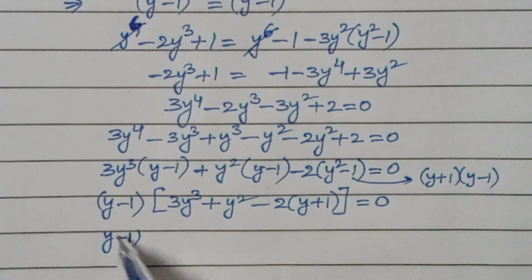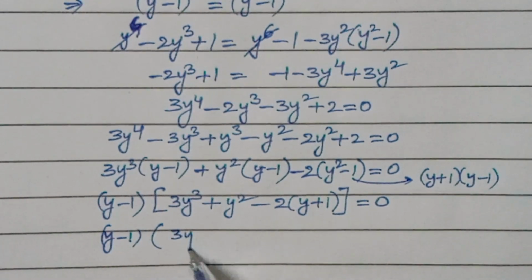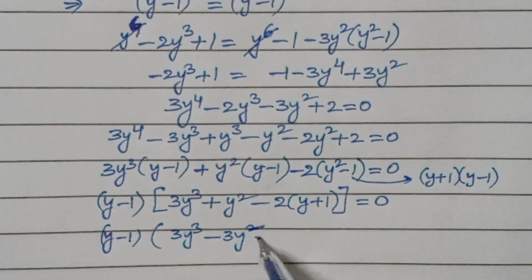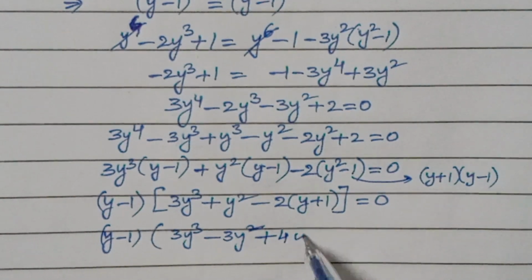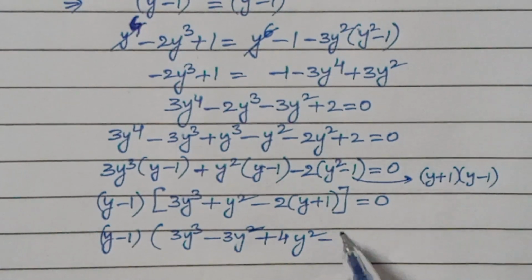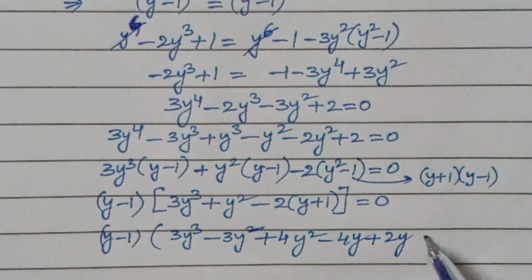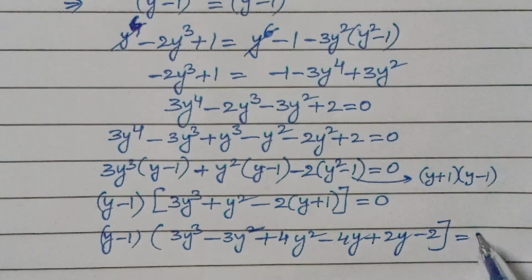Again you are doing some adjustment here: 3y cube minus 3y square plus 4y square minus 4y plus 2y minus 2 equal to 0.